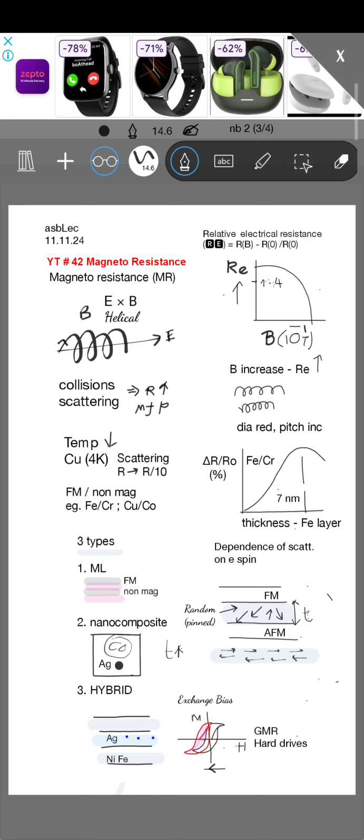Now let's go into the effect of thickness of the ferromagnetic layer on the exchange bias.